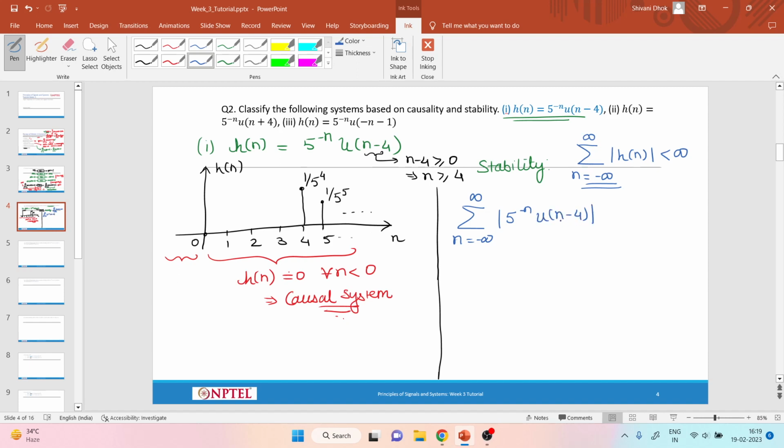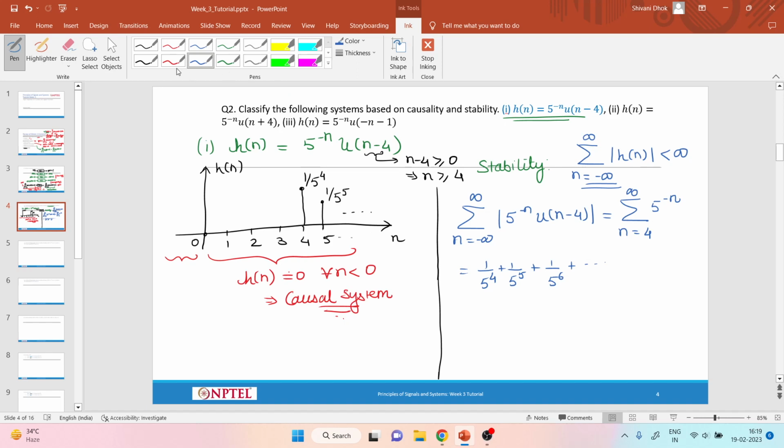Now this is positive from n equal to 4, so this I can safely write as summation n running from 4 to infinity. And another thing is this 5 power minus n is always a positive quantity, so I can just simply write it as 5 power minus n. So this summation I can write as 1 by 5 power 4 plus 1 by 5 to the power 5 plus 1 by 5 power 6 and so on.